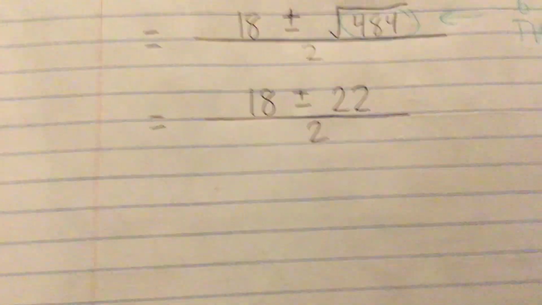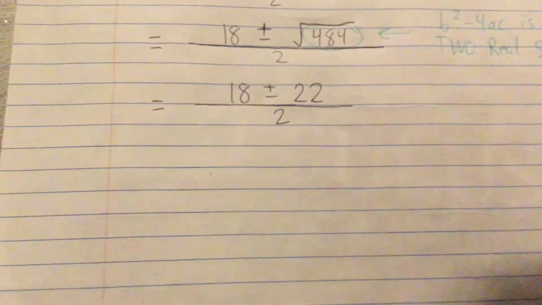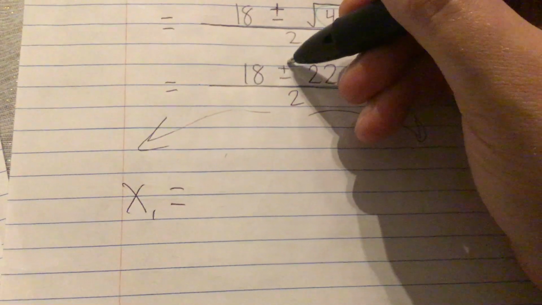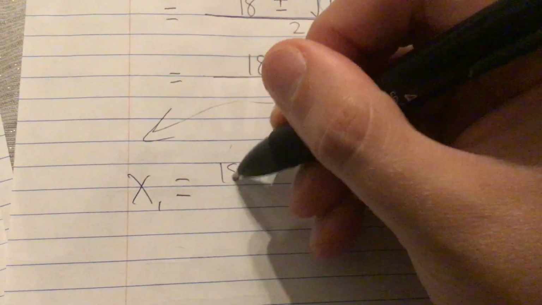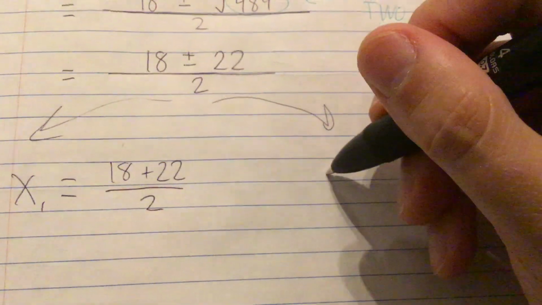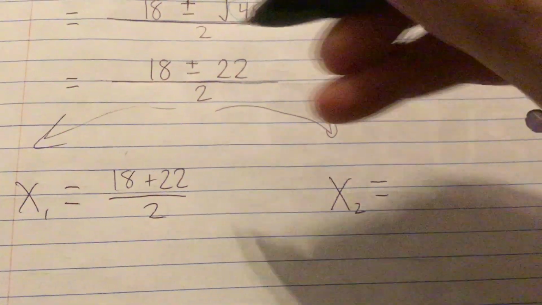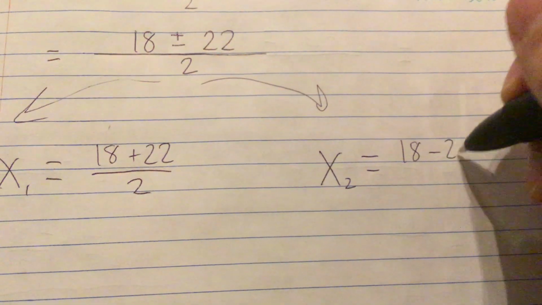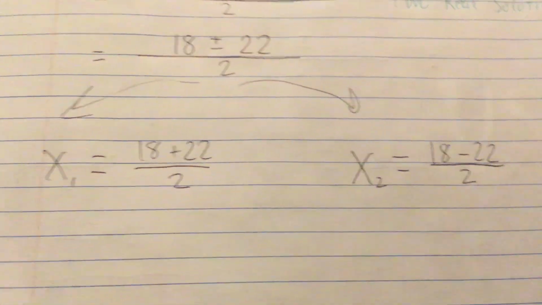Okay, so now I'm going to split this into 2 cases, x1 and x2. x1 is equal to 18 plus 22 over 2. x2 is equal to 18 minus 22 over 2.